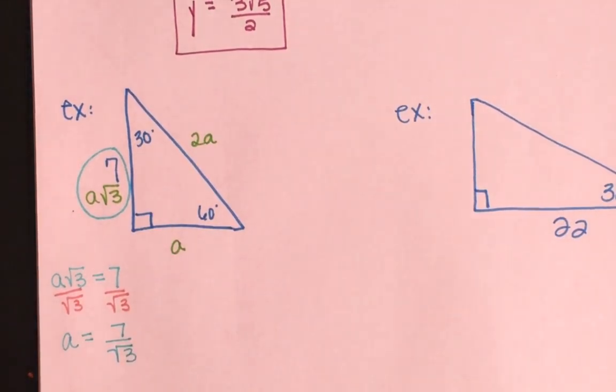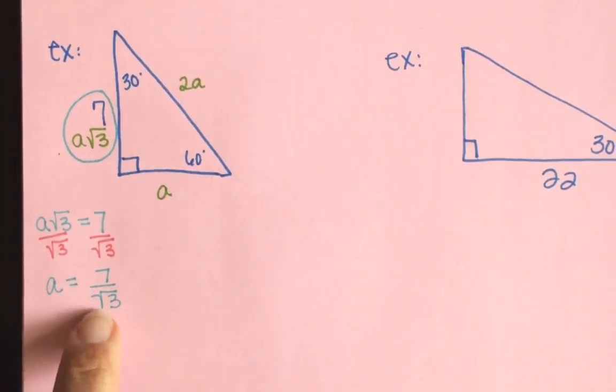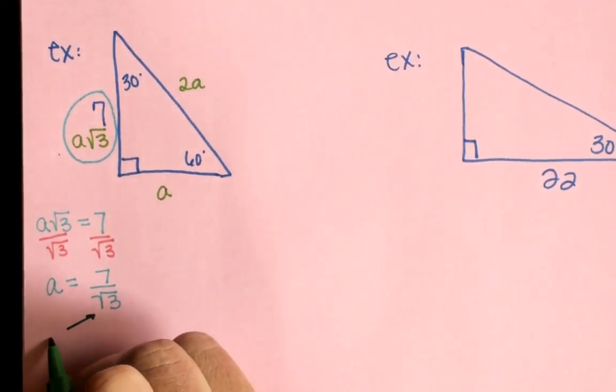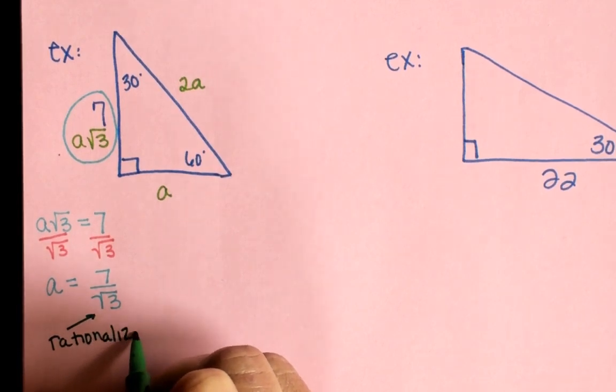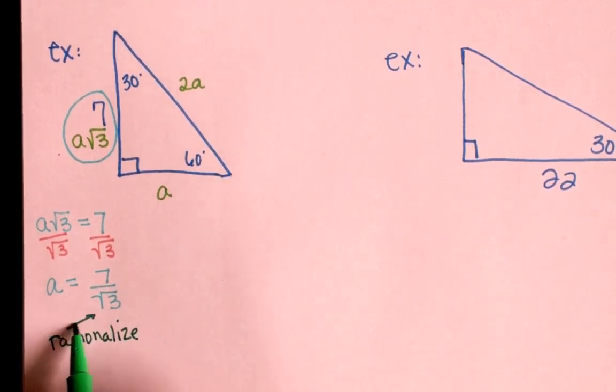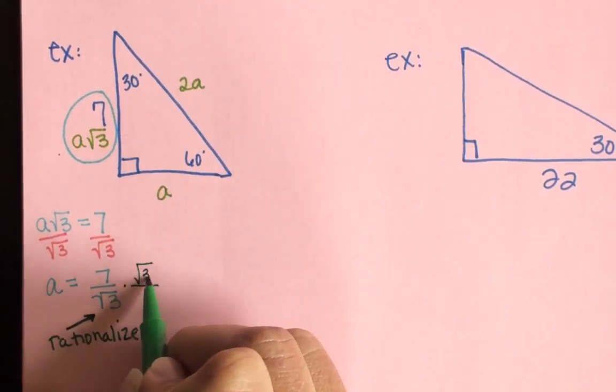Now, this again is review. We did a couple of these the other day. We have to remember that we can't leave the radical in the denominator, so we have to rationalize. That means get that radical out of the denominator. The easiest way to make a perfect square is to multiply by itself.